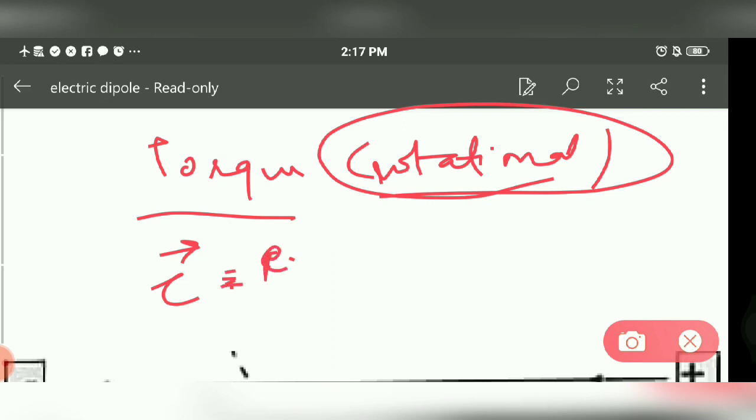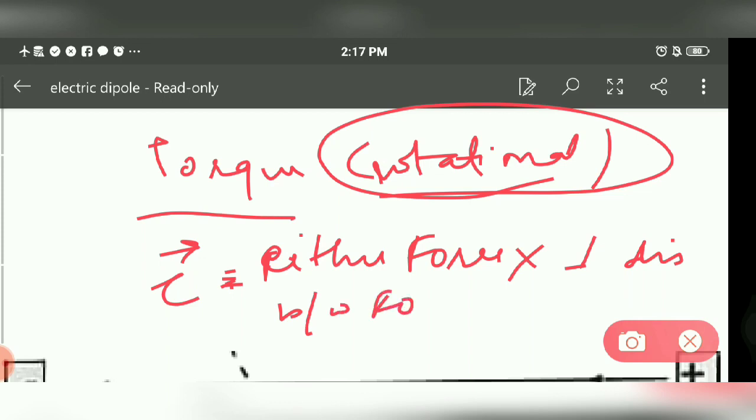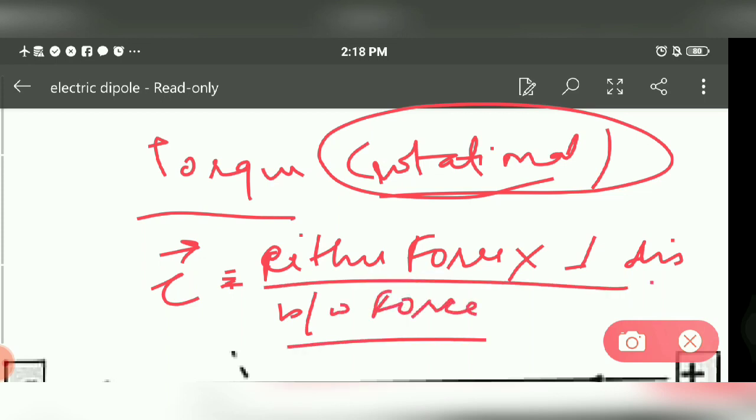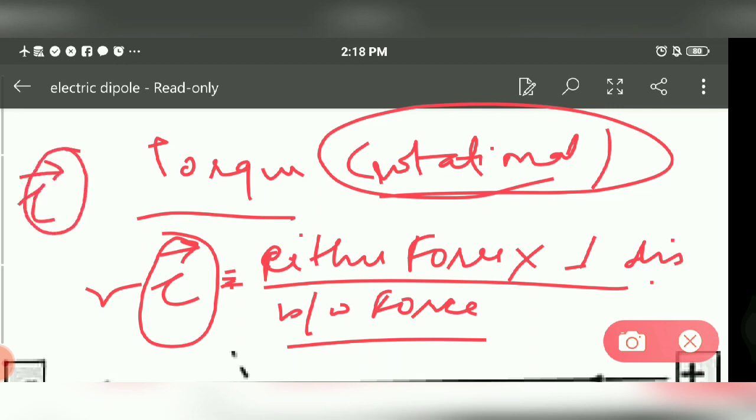either force into perpendicular distance between the forces. I will clarify what this formula actually stands for. Either force into perpendicular distance between two forces. This is the formula of torque, and this is the symbol of torque, tau vector, and it's a vector quantity.